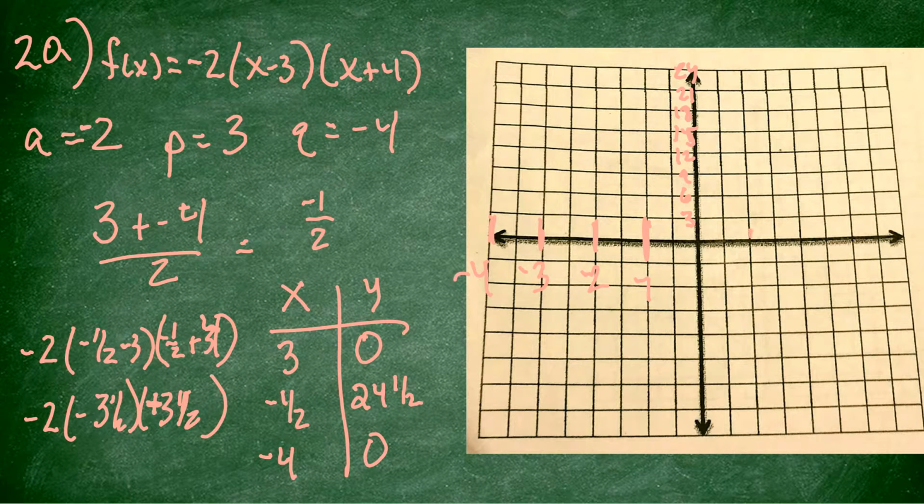And then that's 1, that's 2, that's 3, and that's 4. So I have a dot. I'm going to change the color a little bit, darken this up. I have a dot at 3, 0. I have a dot at negative 4, 0. I have a dot at 1/2 up to 24.5. It's right there. So that's my U.